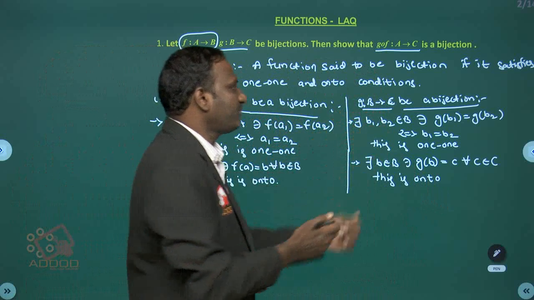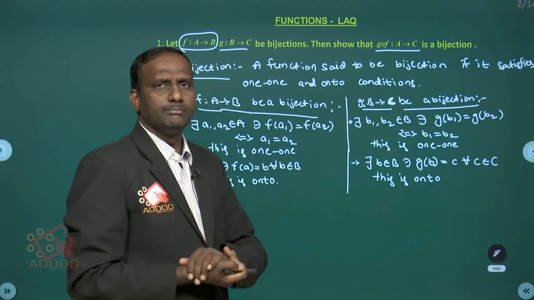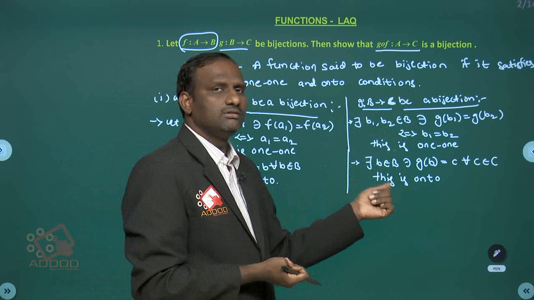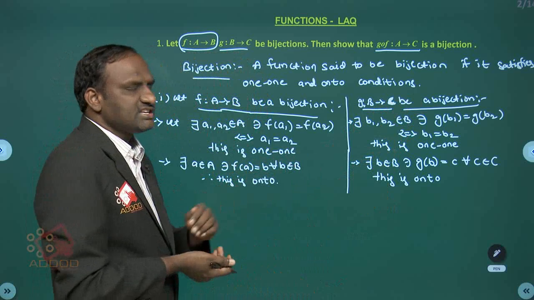Next, g, a mapping from B to C, is a bijection. It satisfies one-one and onto. So these two functions are bijections.